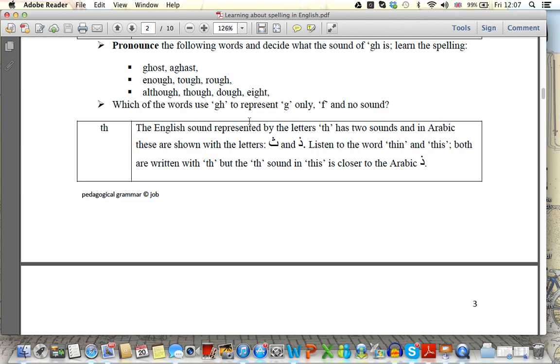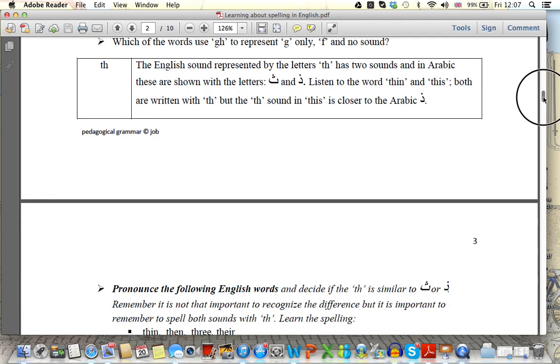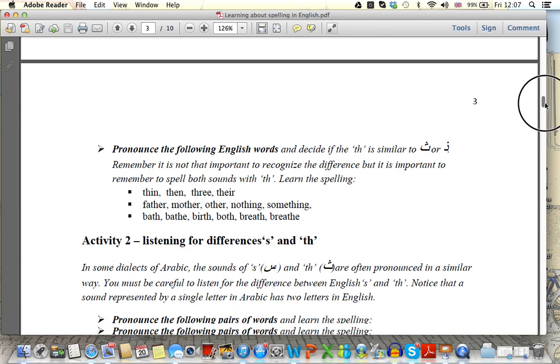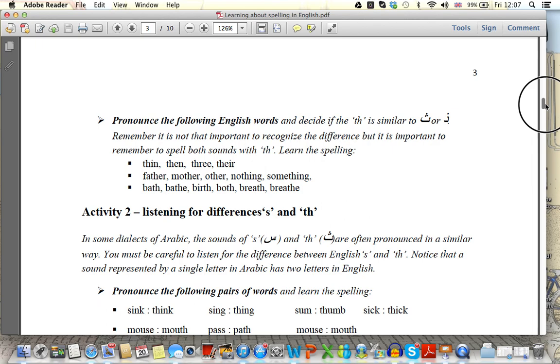Another combination of letters is the th. Now in English we have two th sounds. If we say thin, it is like the Arabic tha, and if we say this, the tongue is much further in the mouth and is much closer to the Arabic the. But in English, it's easy to spell because we use th for both of these.